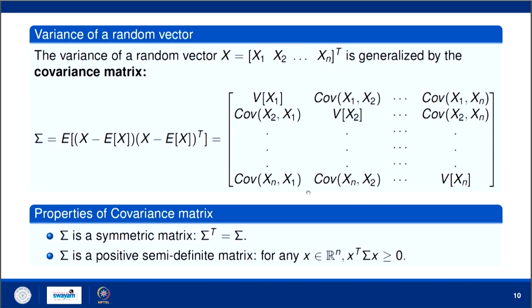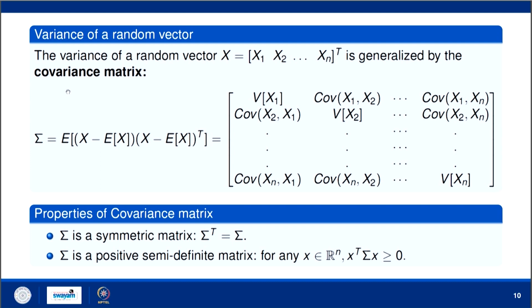In this case, if we have a random vector, we have a covariance matrix. The covariance matrix is denoted by sigma, and it may be defined as the expectation of (x minus Ex) into (x minus Ex) transpose.